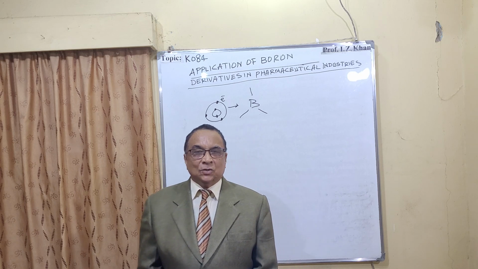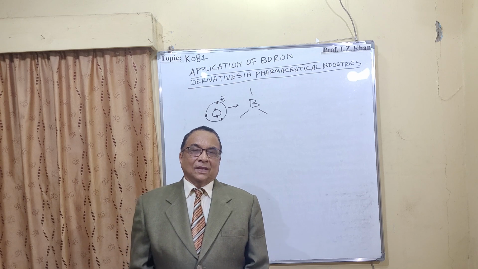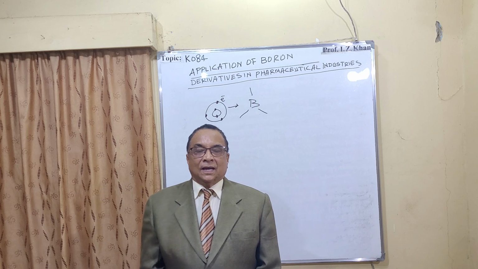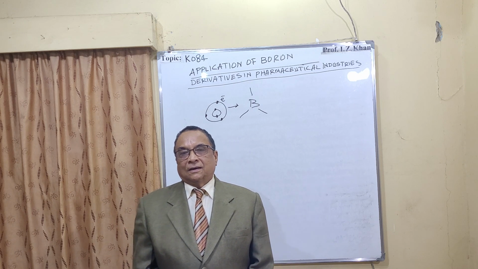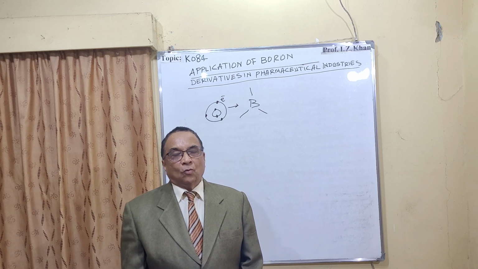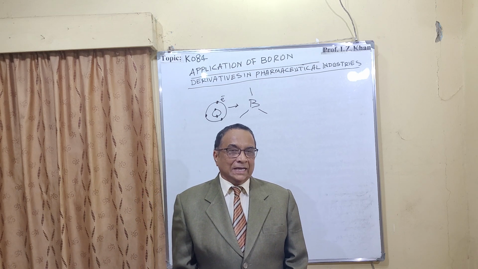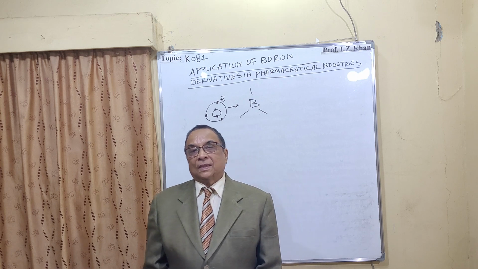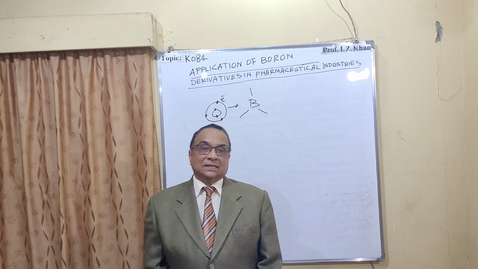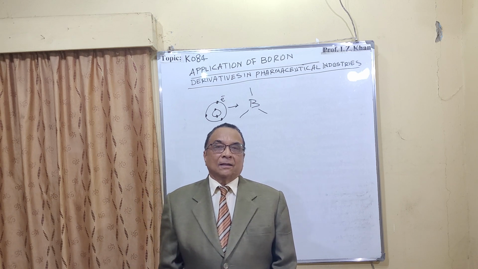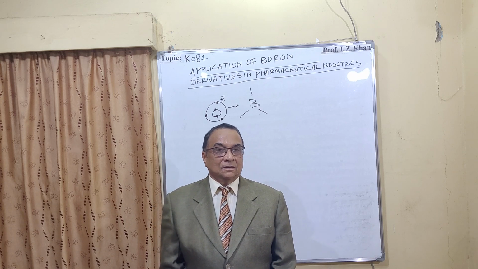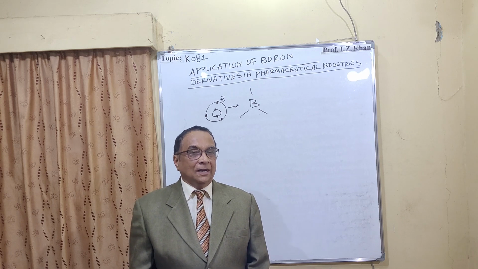Boric acid is widely used as an antiseptic, an antifungal, and also as a pesticide and insecticide. A 1% solution of boric acid is mild, and a 5% solution is strong, and it can directly damage the nervous system or brain of insects. In this way they are killed.